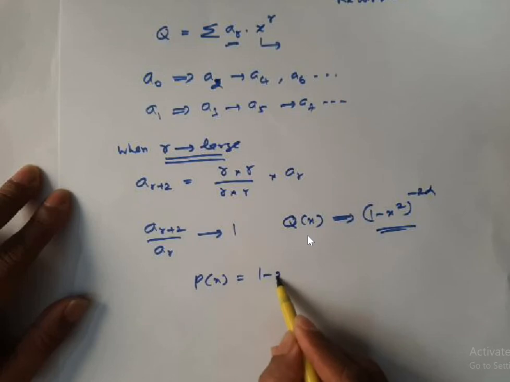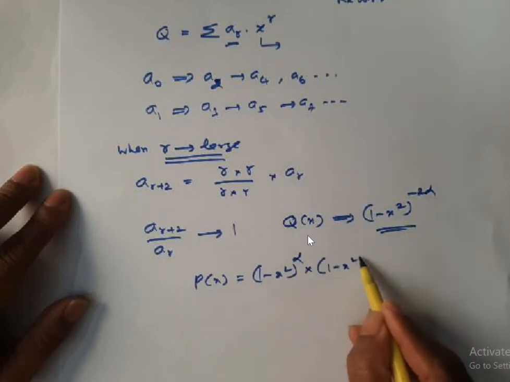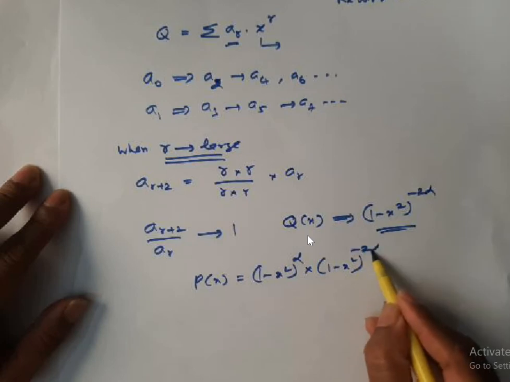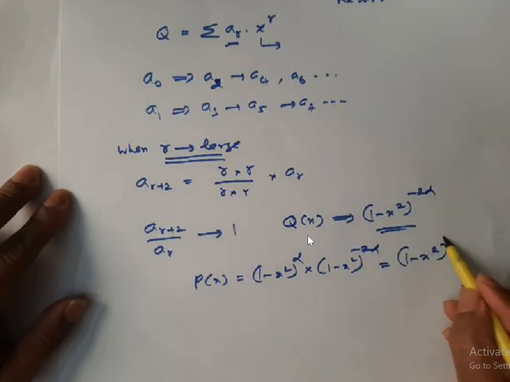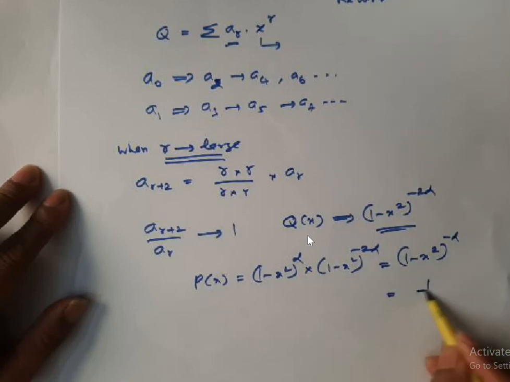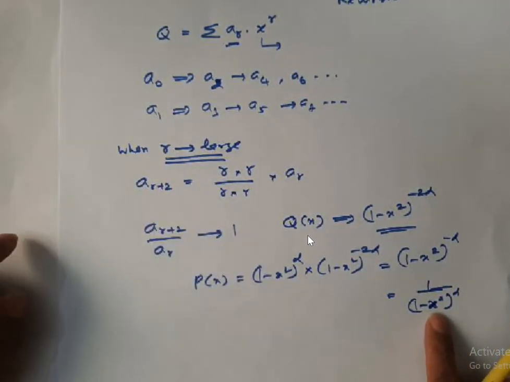If it behaves like this, what will happen to p of x? You know very well, p of x is nothing but (1 minus x square) power alpha into q of x. Q of x is (1 minus x square) power minus 2 alpha, which gives (1 minus x square) power minus alpha, or we can write this as 1 by (1 minus x square) power alpha.